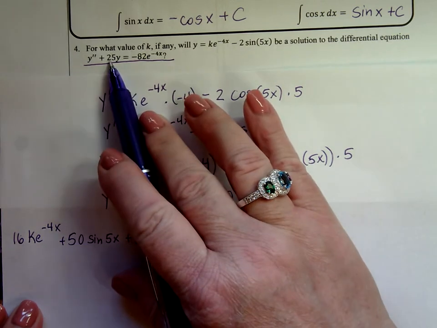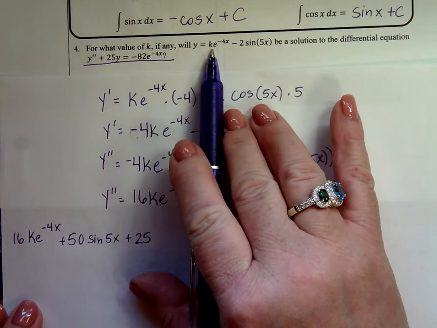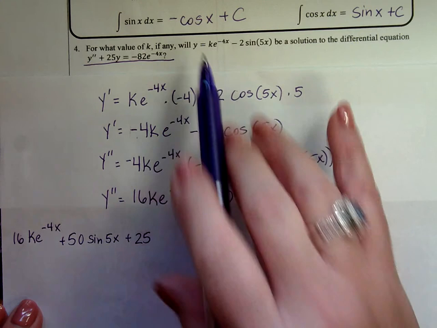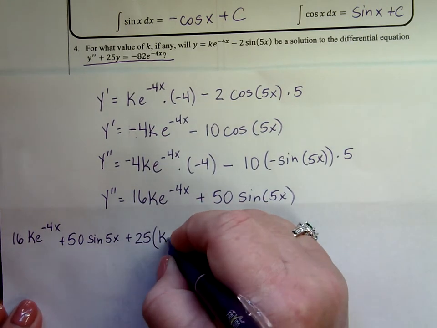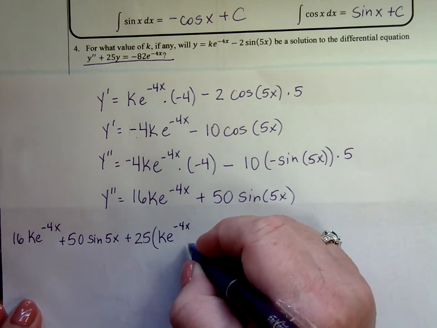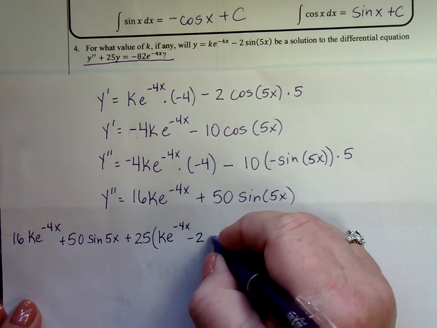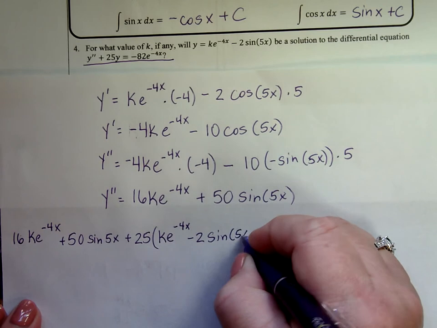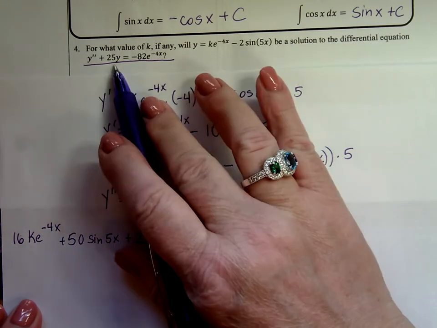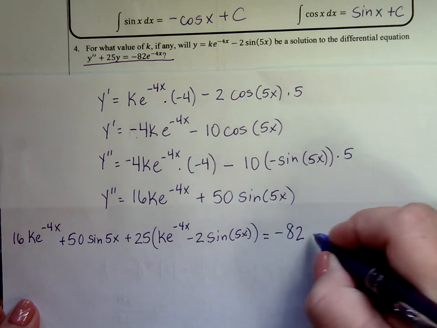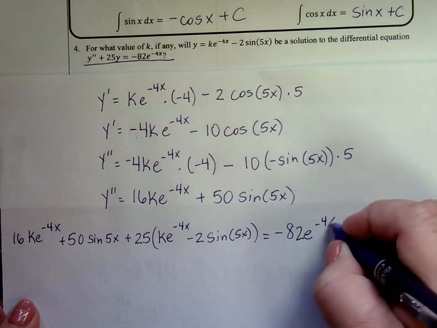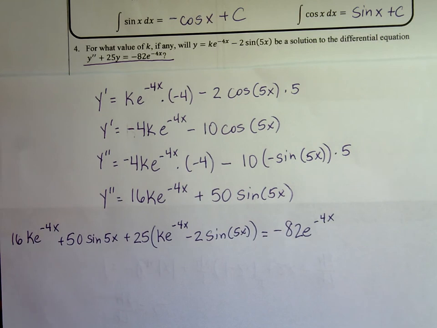Y, well, I know y is the original equation I started with up here that they gave me. So that's going to be parentheses, k e to the negative 4x minus 2 sine of 5x. All right, here I am, equals negative 82 e to the negative 4x. So all I'm doing is plugging into that equation that they gave me, but I needed all the pieces before I could do that. Now let's simplify it.